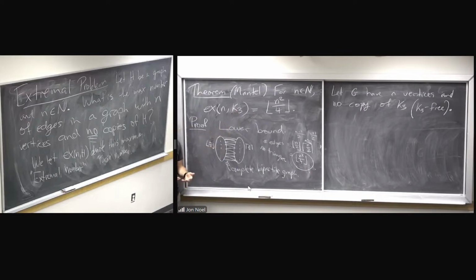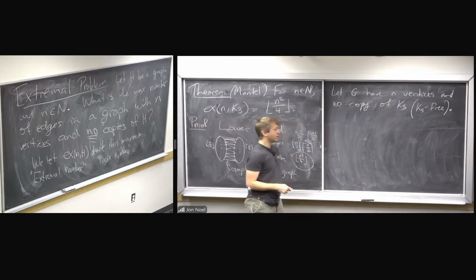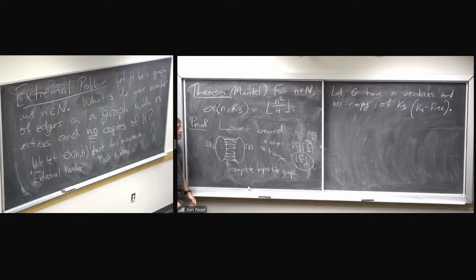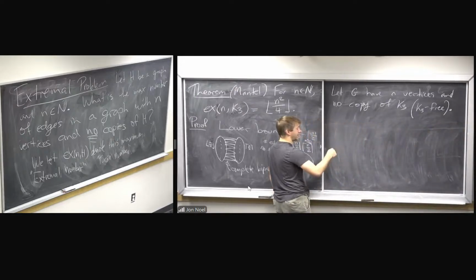Probably later we're going to see even more things that imply this theorem, with different proofs. The proof I'm going to give today is based on a bit of double counting and convexity, one of those convexity inequalities that we wrote down a few weeks ago. But first, let's do the double counting.